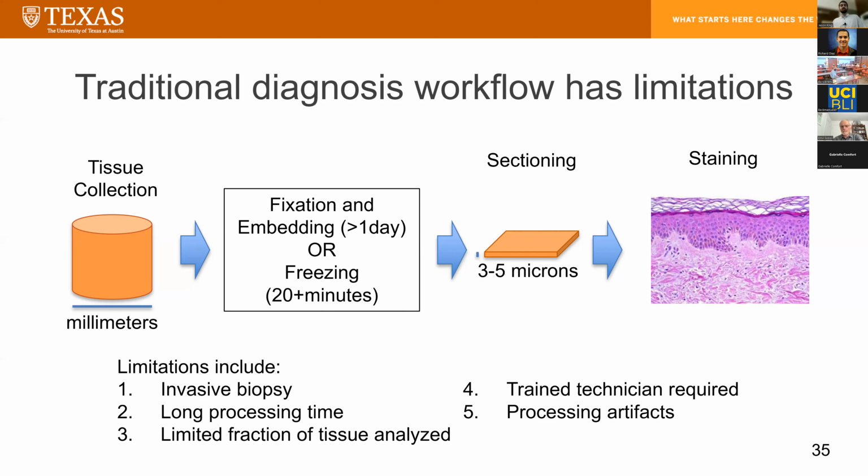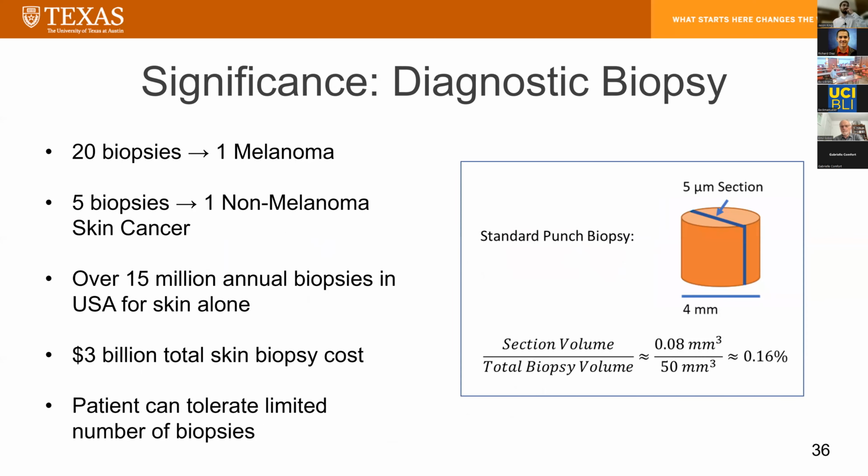So we wanted to address a few of these problems through laser microbiopsy. And why this is significant, biopsy is, of course, a very common procedure. For example, in skin, it's very difficult for a dermatologist to determine by looking at it which lesions need to be biopsied.